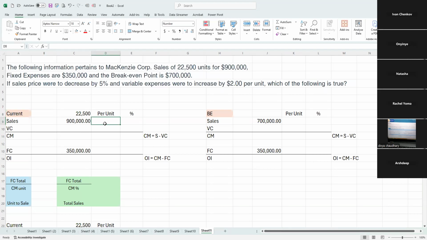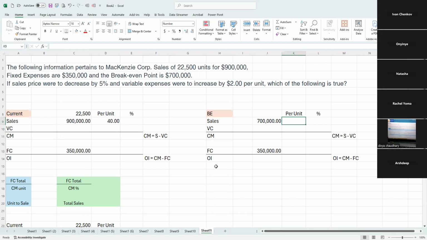I know my total sales are 900,000 and I'm selling 22,500. Then can I get my sales price per unit by dividing? Yes, $40.